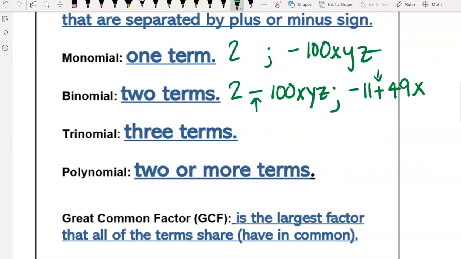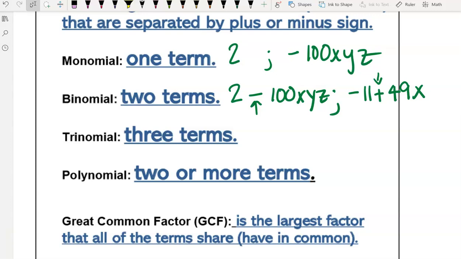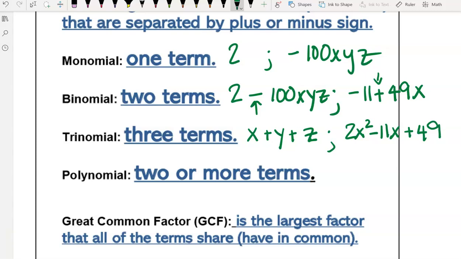A trinomial means 3 terms, like a tricycle. So for example, x plus y plus z, that would be 3 terms. Or we can have 2x squared minus 11x plus 49. That's also 3 terms, okay? Polynomial, guys, that means we have 2 or more terms. So a binomial qualifies for a polynomial, and a trinomial qualifies for a polynomial.